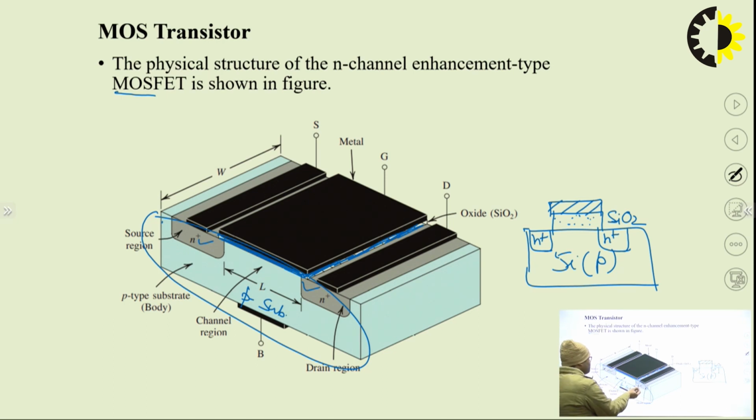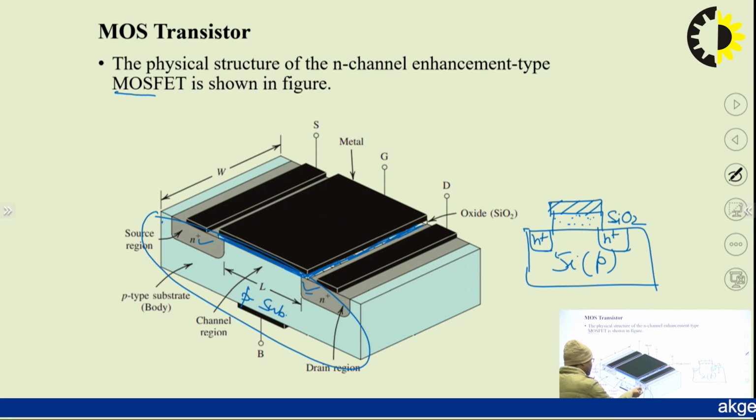If we have higher potential at this region, then it will act as the drain. If this end has lower potential, then it can act as the source. So, depending upon the potential, either diffusion region can be treated as drain or as source. In this diagram, this is drain, this is source.